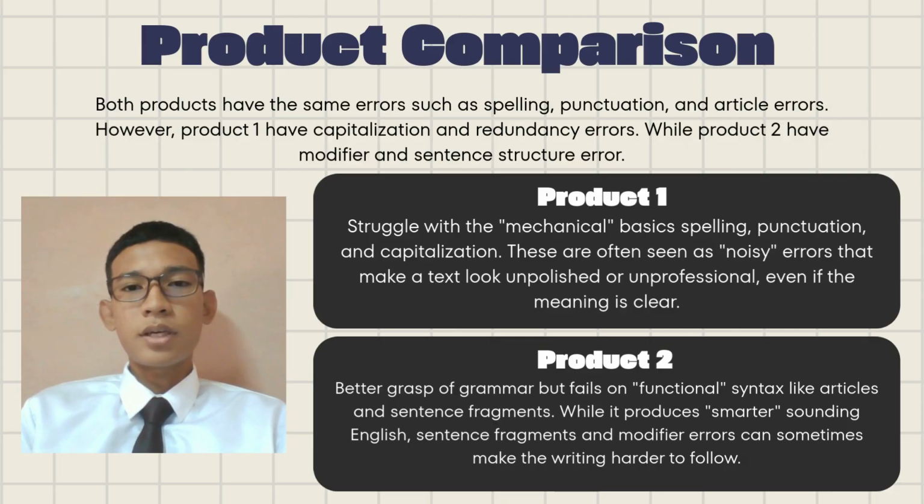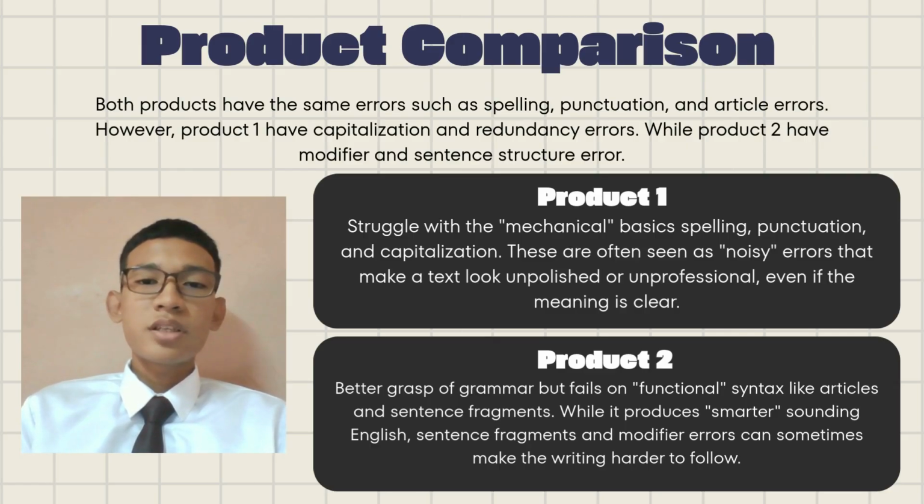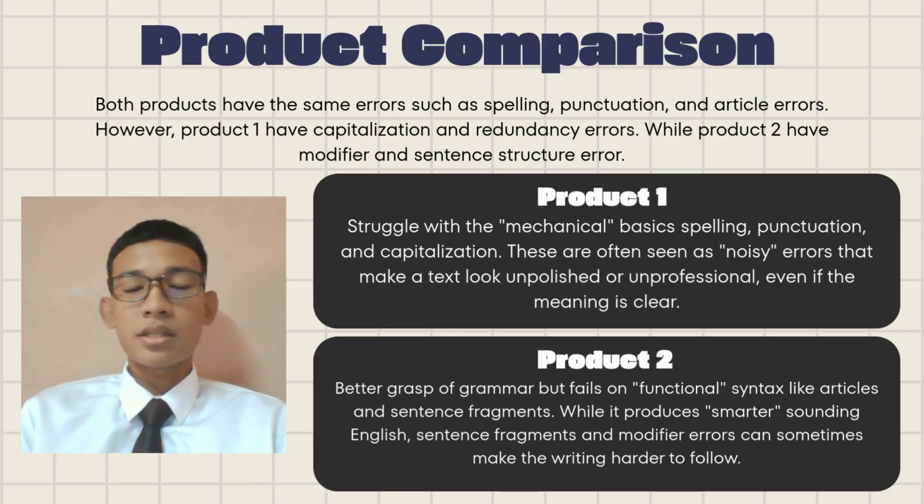Okay, so moving on, we have product comparison. Both products have the same errors, which are spelling, punctuation, and article errors. However, product 1 has capitalization and redundancy errors, while product 2 has modifier and sentence structure errors. For product 1, they struggle with the mechanical basics, which are spelling, punctuation, and capitalization.